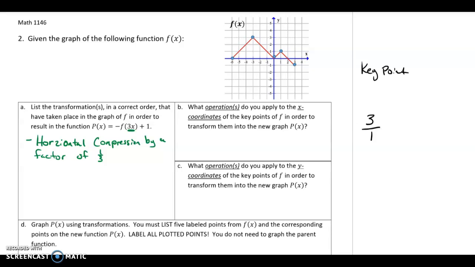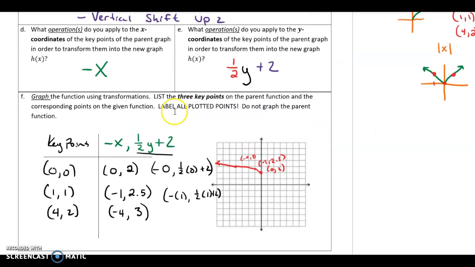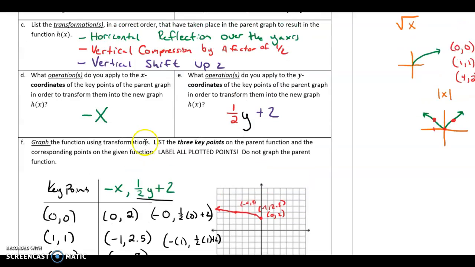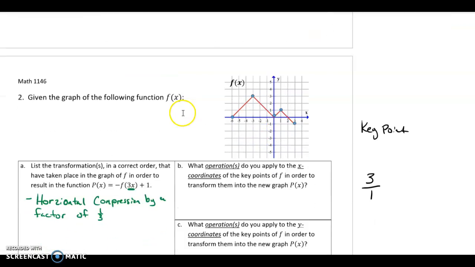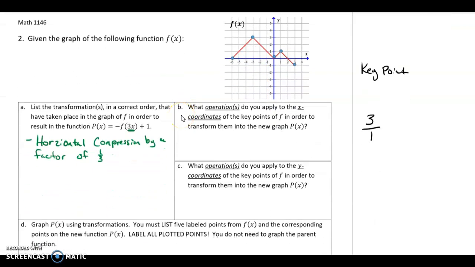Well, what happens is, when we did this one up here, we multiplied our y values by 1/2 because there was a 1/2 outside. Since there's a 3 on the inside, you don't multiply the x values by 3 over 1. You multiply by the reciprocal, meaning flip this fraction over. What do you get? 1/3.